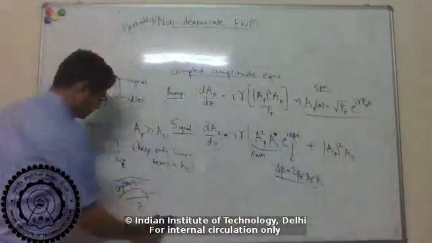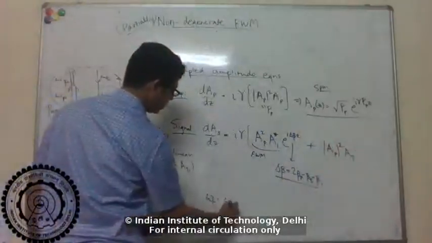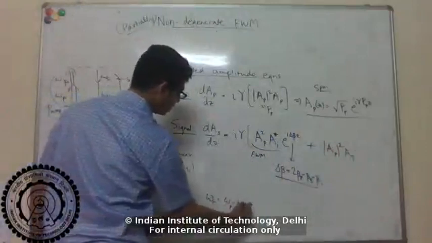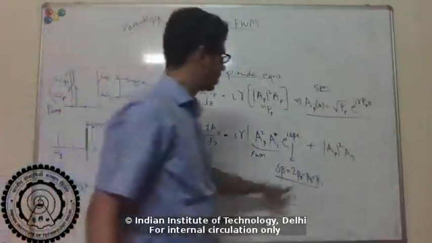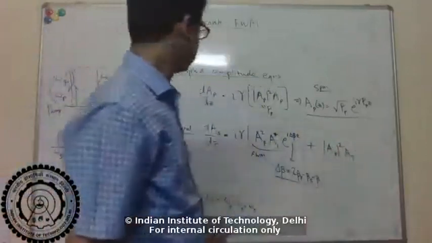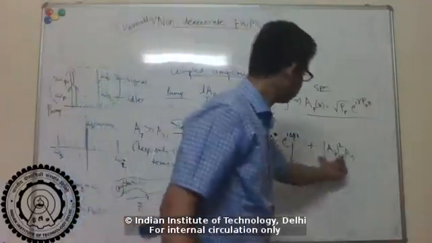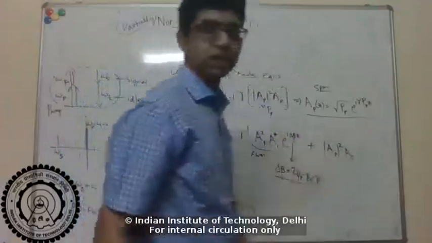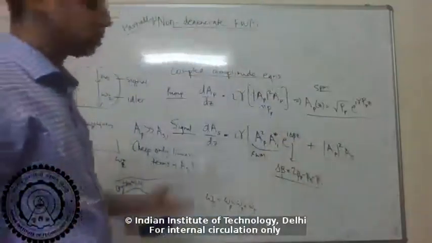Right, so omega s is equal to omega p minus omega p plus omega s, AP conjugate. Right, so this dA by dz is equal to something which is proportional to pump power or intensity times AS. Right, it's the same thing.